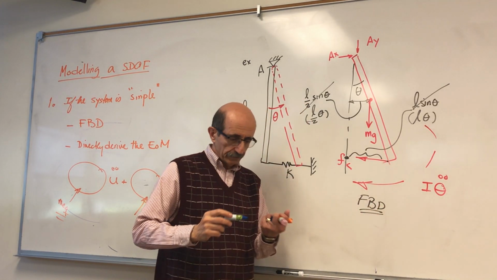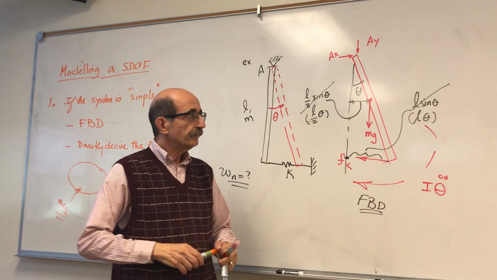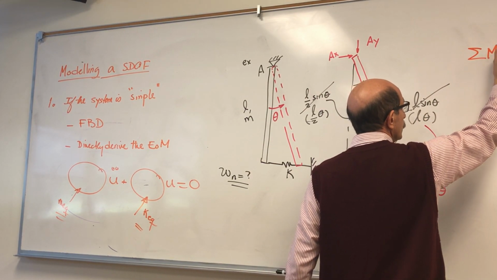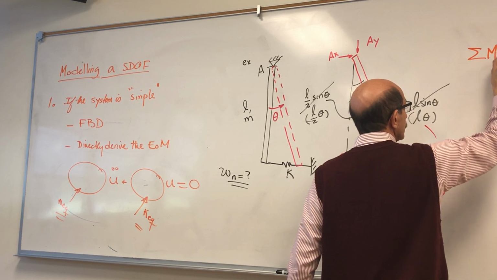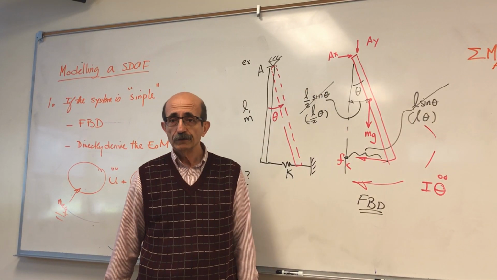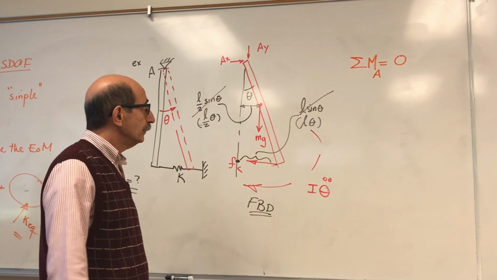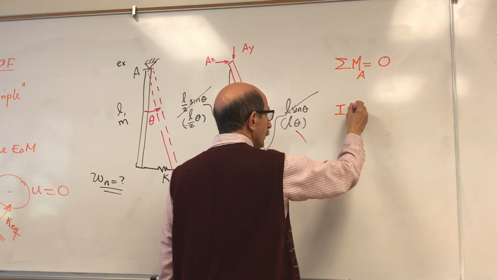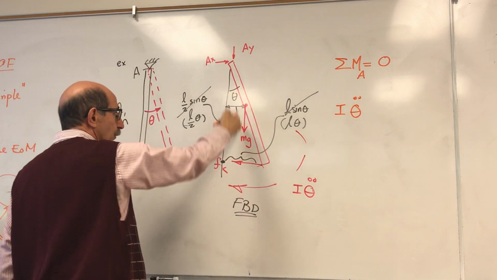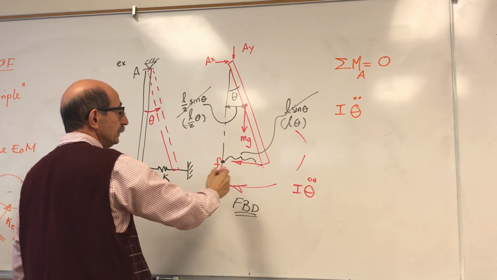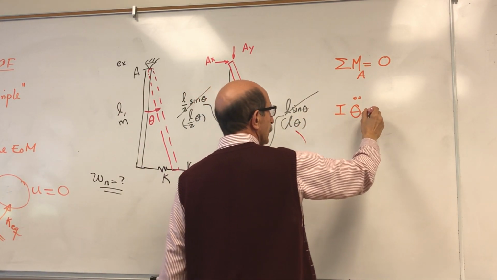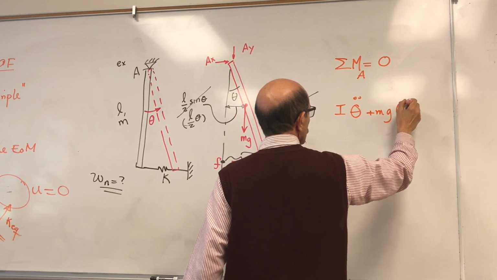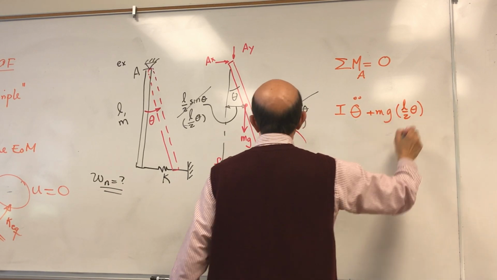So once you set up the free body diagram, rest is easy. Summation of moment is a rotational motion, so summation of moment about, say, point A, the point of rotation, is 0. So you just simply add up all these forces, moments. You have I theta double dot plus the moment of mg about point A, so this force mg times this distance, which is L over 2 theta.